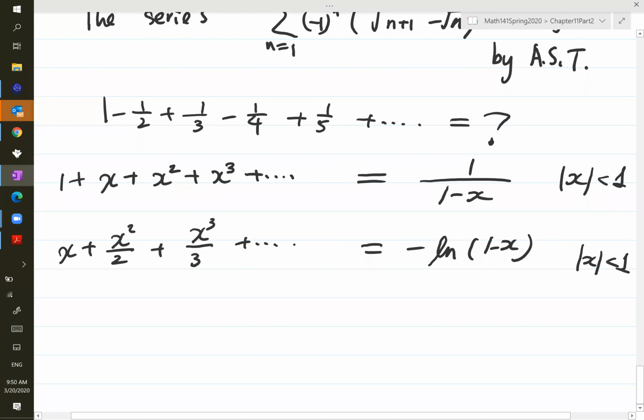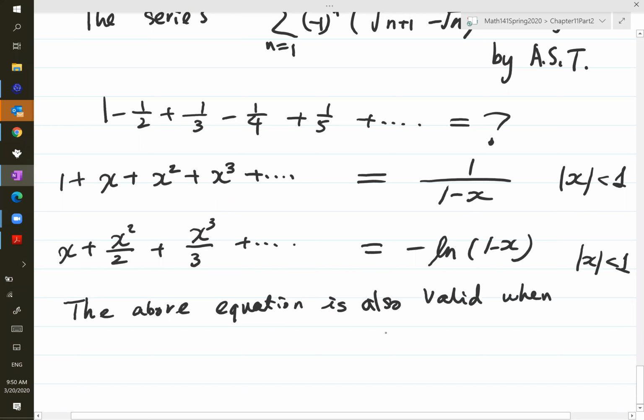However, here something bizarre happens. It's actually also true that you can take x to be negative 1. The above equation is also valid when x is negative 1.